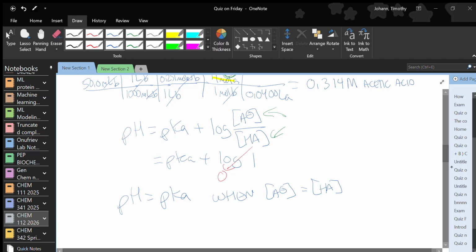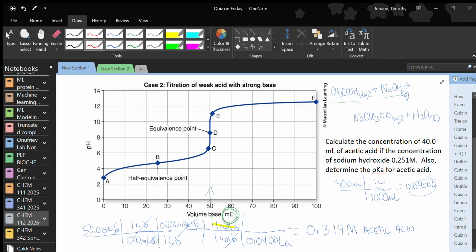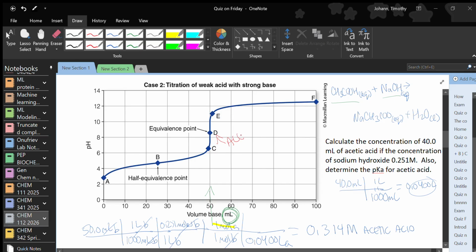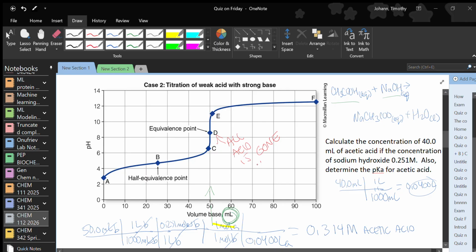All right, so how do we use that up here? Well, at the equivalence point, all the acid is gone. So what that means is this is all A minus. We've turned all our acid into the conjugate base. So here at 25, halfway between the equivalence point and nothing, we're going to have half the acid gone.